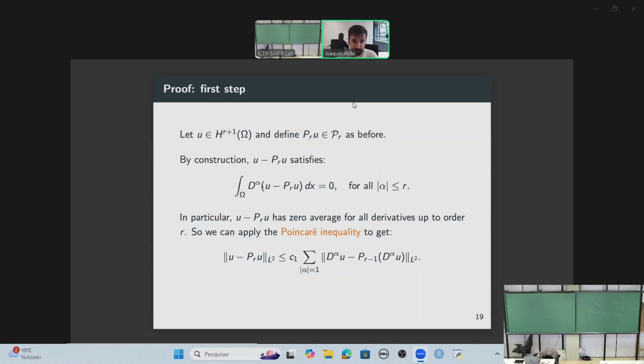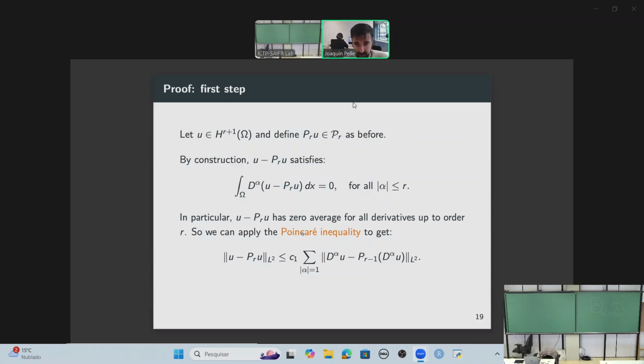The integral of the derivative of this difference has to be 0 for all derivatives of order less than R. And this is essentially by construction, because this is what we demanded. We demanded that the integral of this derivative matches the integral of the derivative of this term here. So of course their difference is going to be 0. So this thing has 0 average for all derivatives of up to order R, right?